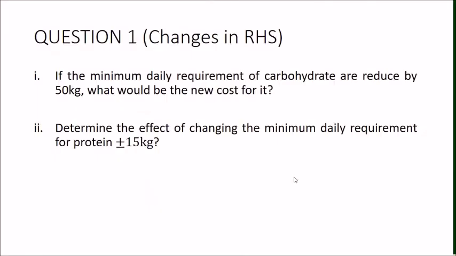Now, let's see a few questions related to sensitivity analysis. For the first part, let's look at the changes in the right-hand side. Roman 1. If the minimum daily requirement of carbohydrate is reduced by 50 kg, what will be the new cost for it?